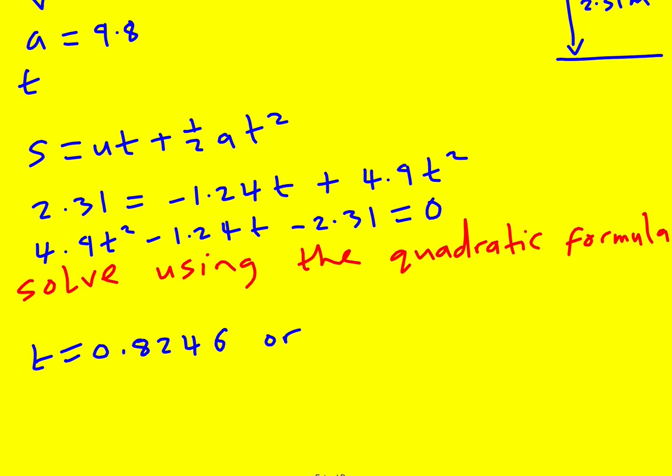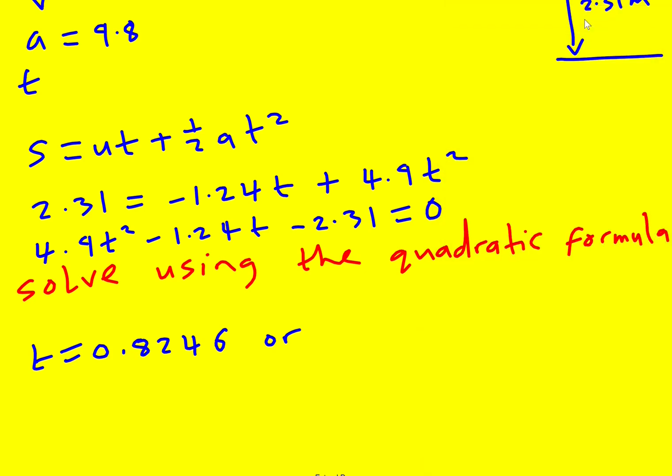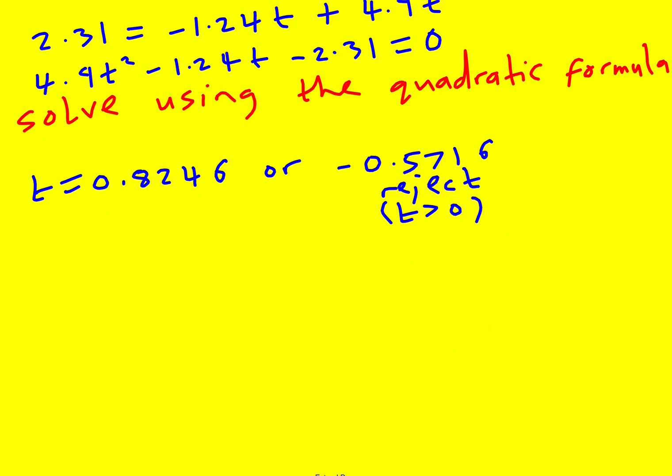Now, there's typically two solutions to a quadratic, and the second one is minus 0.5716, which is negative, so we're going to reject on a physical basis. Maybe I should just write that t is greater than 0. And therefore, to three significant figures, t is going to equal 0.825 seconds.